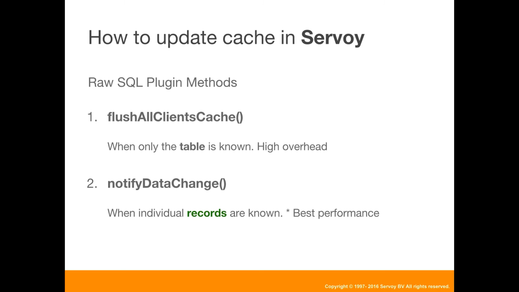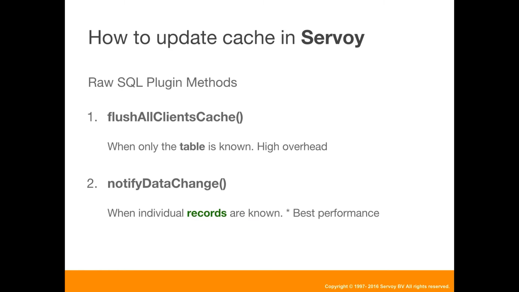So you can imagine that this has a high overhead because all the clients are going to requery these found sets and the records that are contained in those found sets at the same time. So this works, but it has a performance overhead.